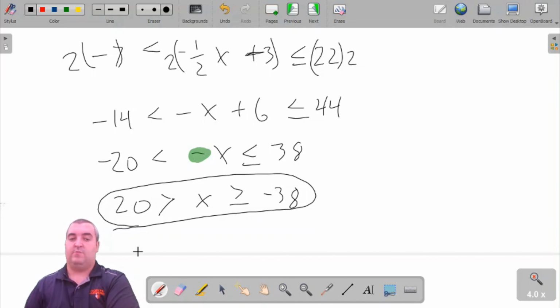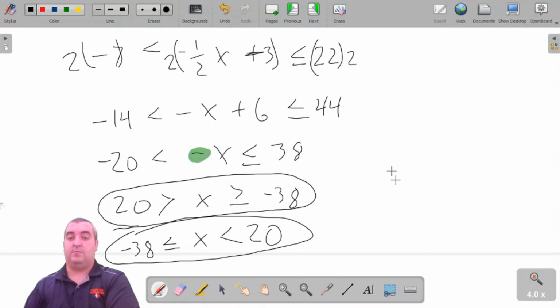I'm going to start with the lowest number first, so I'm actually going to put negative 38 first. Take the sign with the negative 38, flip it. So negative 38 is less than or equal to x. Then flip this one, is less than 20. Reason why I do this is because our number line goes from smallest to greatest, so it would make sense that our answer would also go from smallest to greatest.